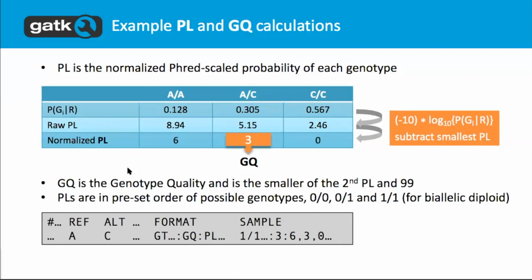We're going to do one more transformation, which involves normalizing that probability and putting it in Phred scale. Phred scale is the same logarithmic-based scaling that we use for base quality scores.